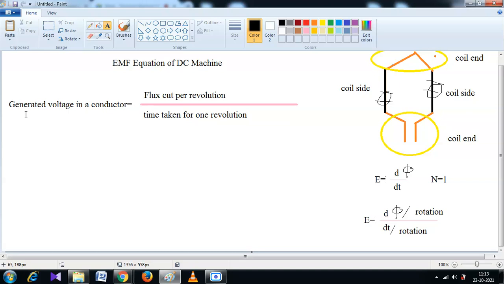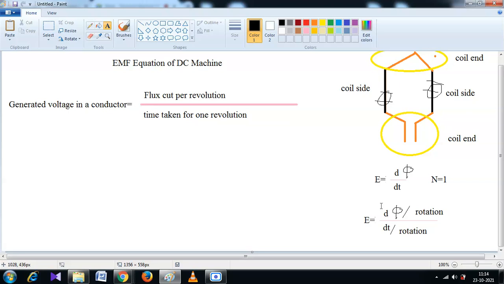What did I write? Generated voltage in a conductor is equal to flux cut per revolution by time taken for one revolution. How do we write it? From Faraday's equation, we know that E is equal to n d phi dt. If the value of n is equal to 1, then E is equal to d phi dt.